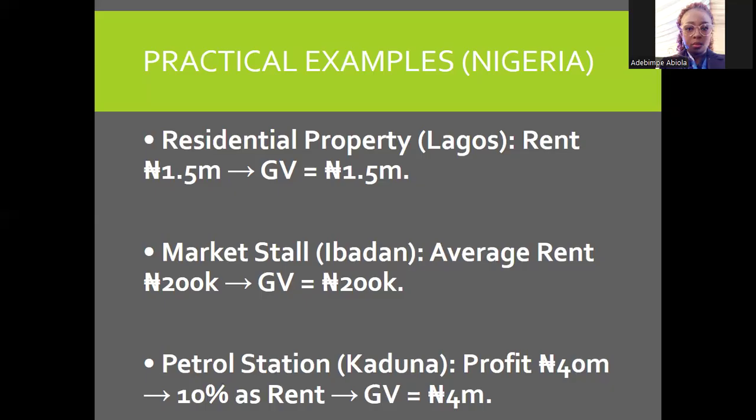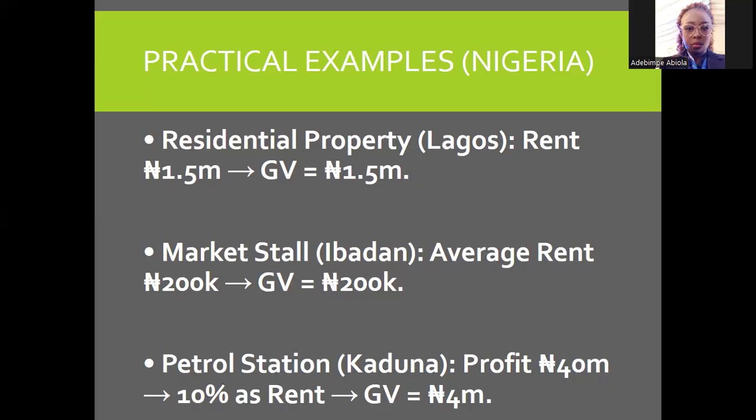So it is for you to get the average value of such market stall. The average of this is 200,000, which shows that our gross value for an average store at Bodija market is 200,000.